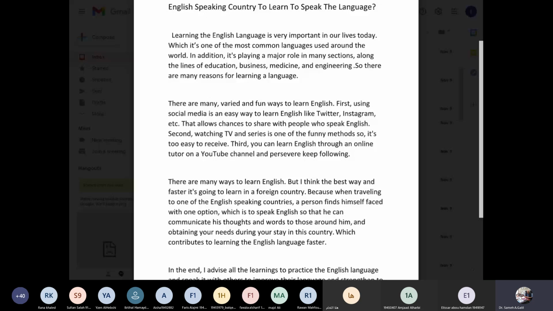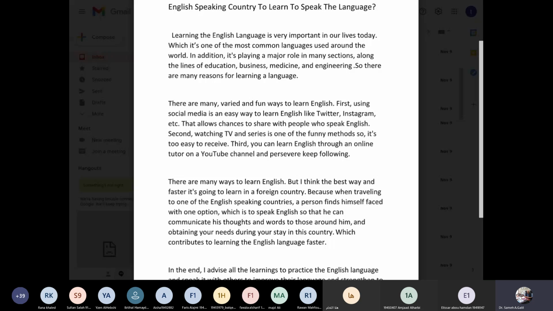It's not a very attractive attention grabber, but talking about learning English is attractive and it would grab the attention of people. So we have the attention grabber, and we can agree or disagree on how good it is, but it is there in the final analysis.